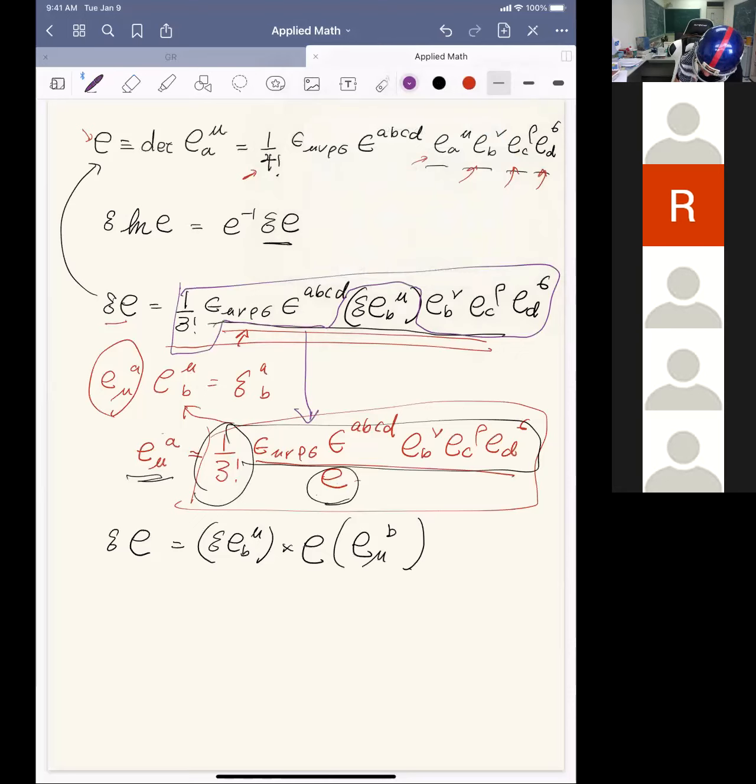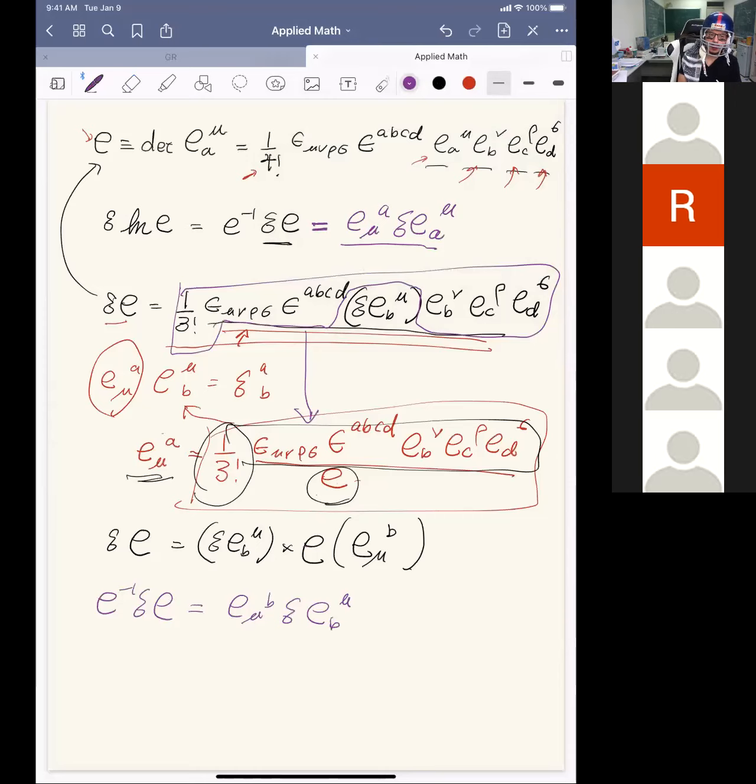Said another way, E inverse variation of E is equal to E_mu^B variation of E_B^mu. So the variation of log E is just E_mu^A variation of E_A^mu.